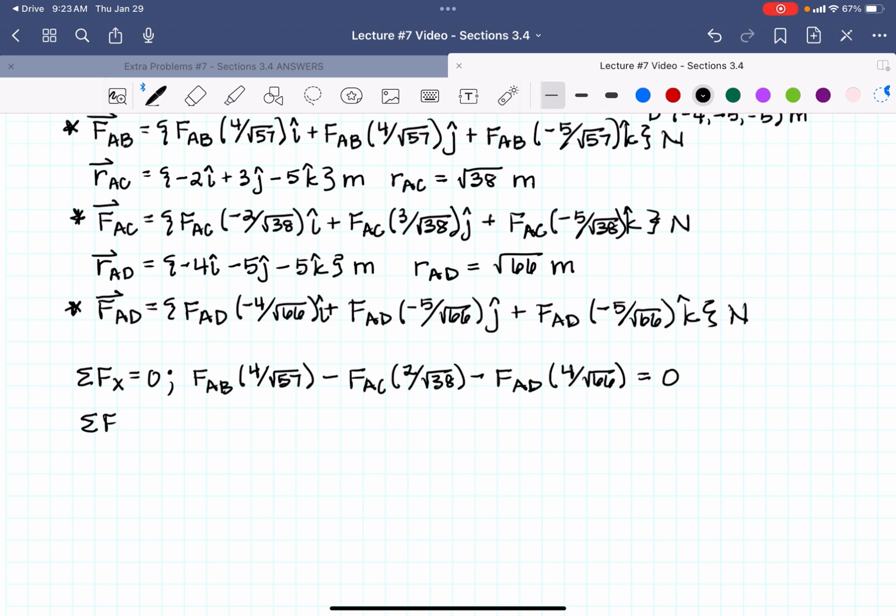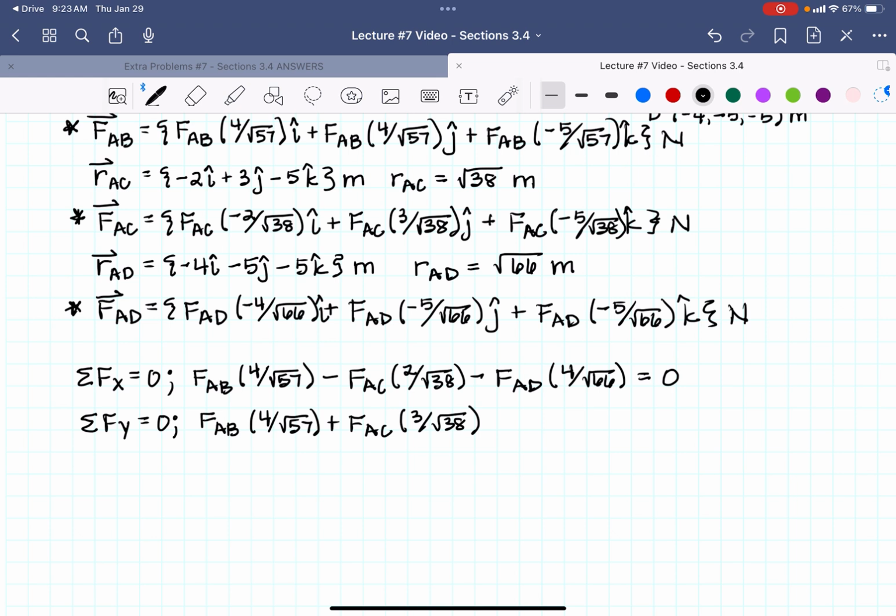Sum of the forces in the y direction also equal 0 for our equilibrium. I'm going to have FAB again times 4 over the square root of 57. I have positive FAC times 3 over the square root of 38.